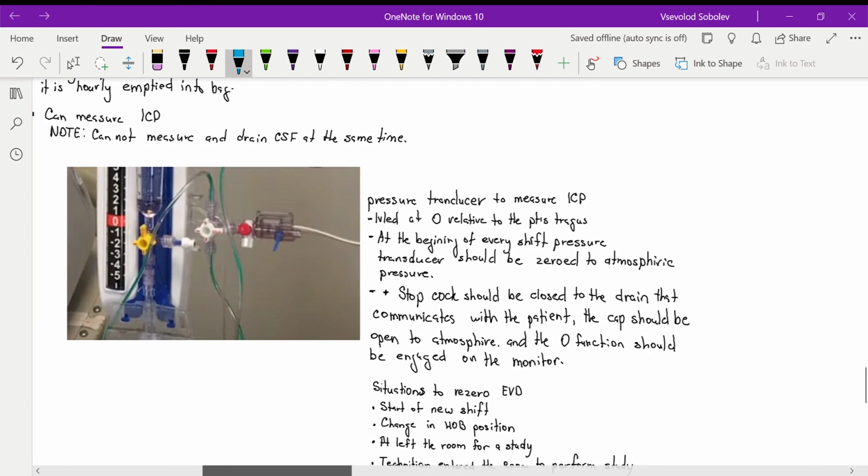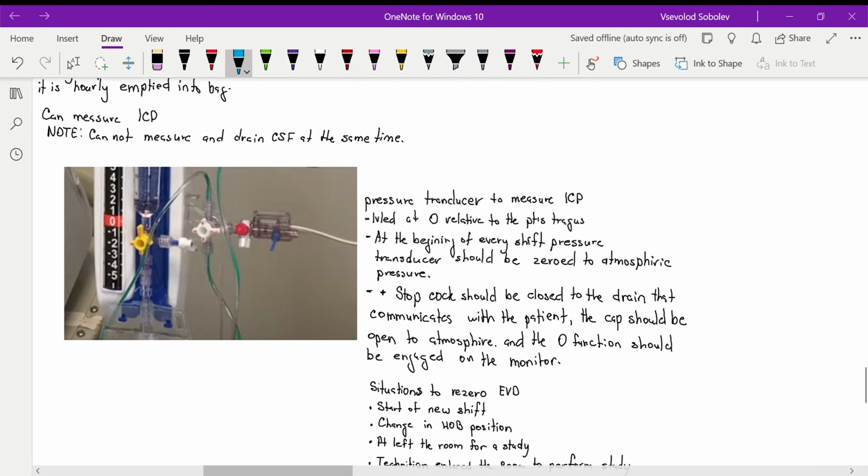This is a pressure transducer. And the monitor will be on the wall. That will show you the waveforms and will also give you the number. Say it's 17.